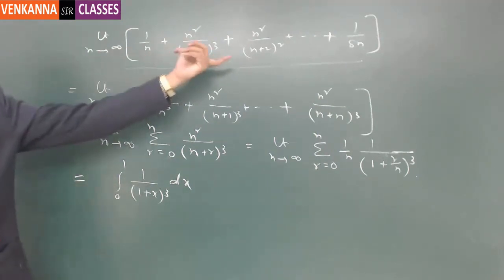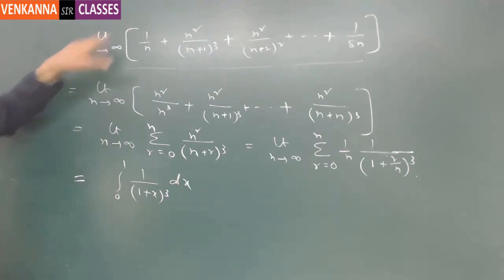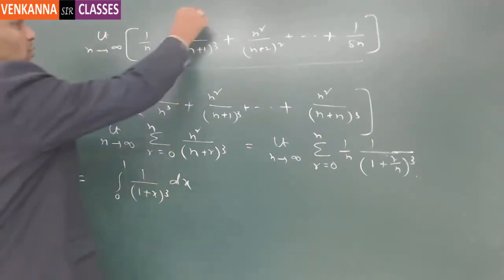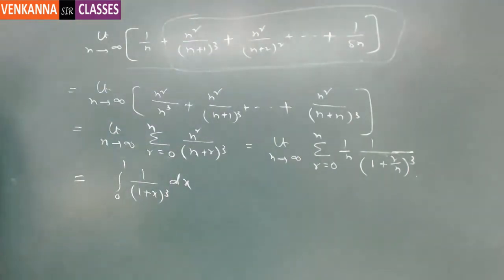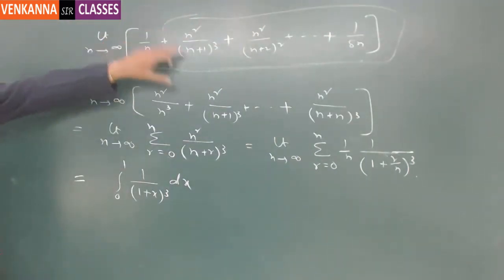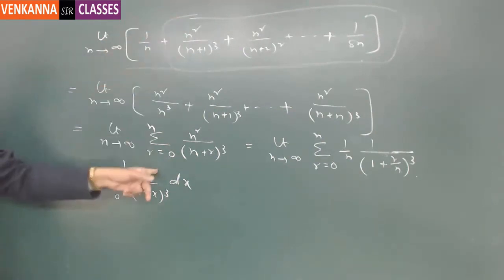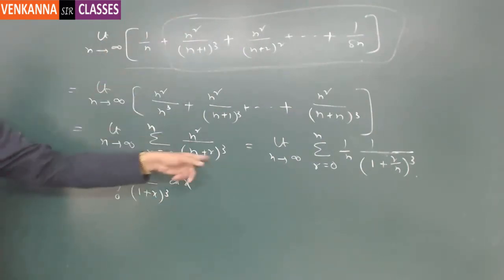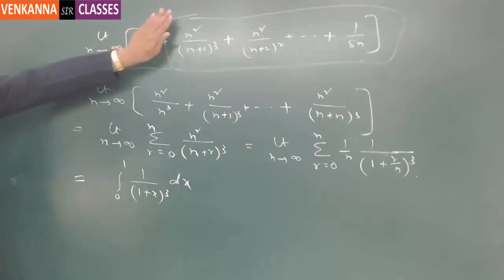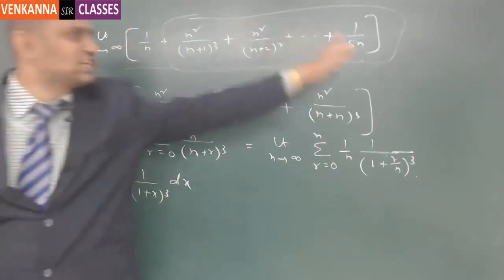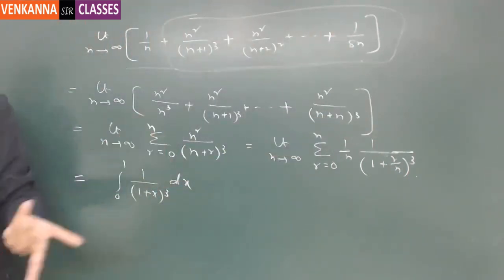So this whole summation will be treated as limit 1 by n plus limit of this portion. So limit 1 by n is 0. From this onwards, you can write that summation r is equal to 1 to n, n square by (n plus r) whole cube. That won't make it change. You can write like that also. Accepted? So for the first part, the limit value is 0. For the rest of the part, summation r is equal to 1 to n is applicable if you have a doubt.